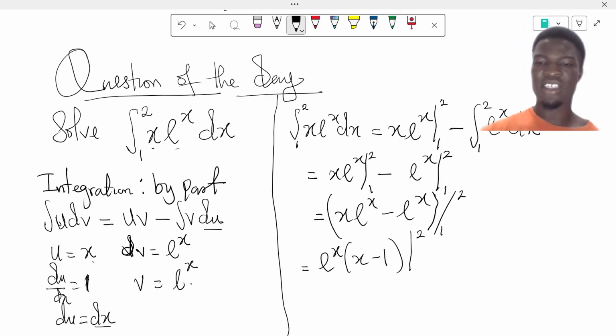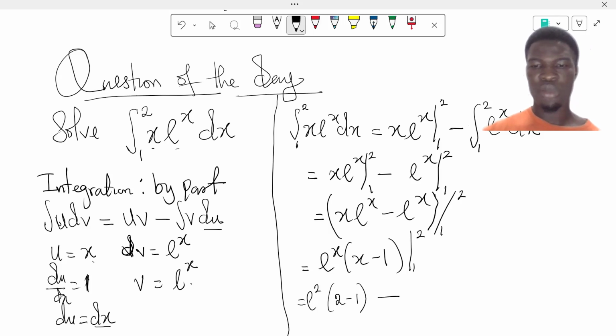First I put 2, so I have exponential 2 times (2 minus 1), then minus exponential 1 times (1 minus 1).